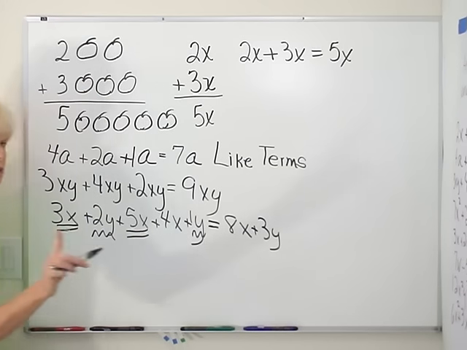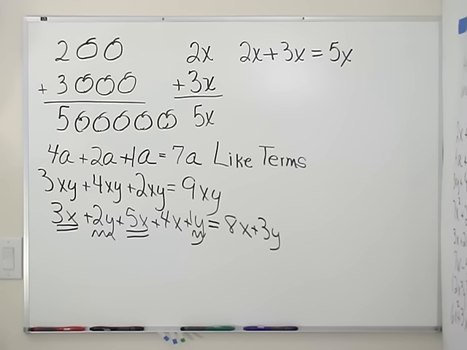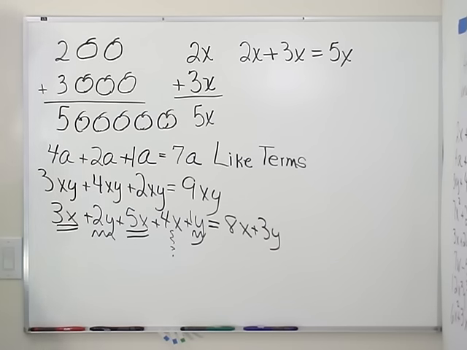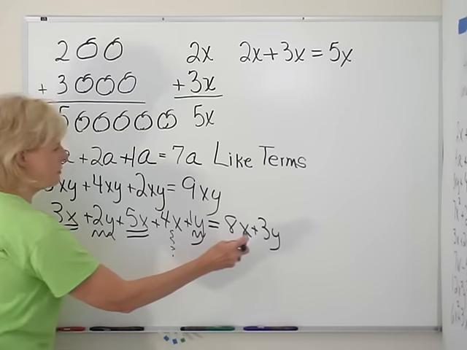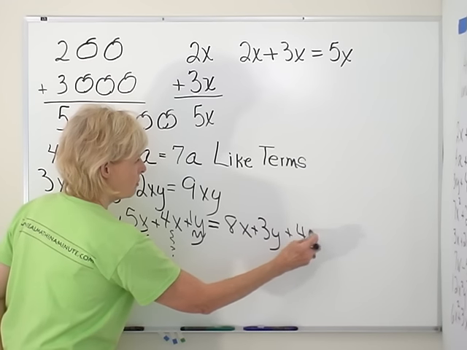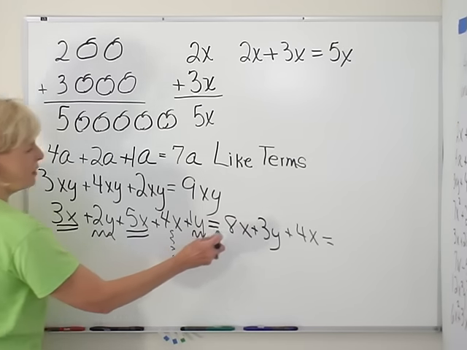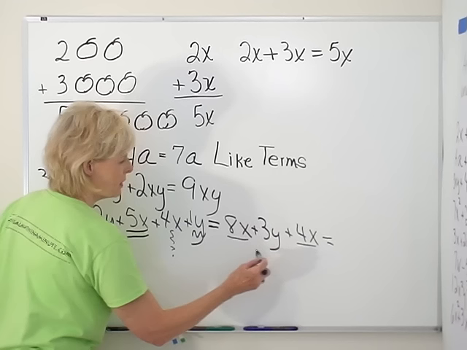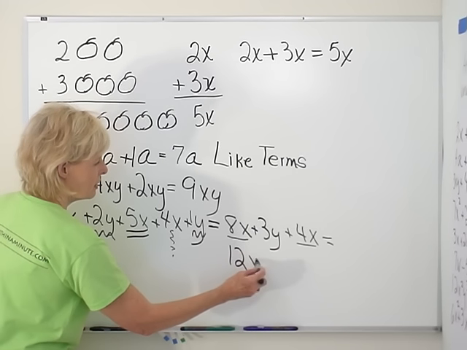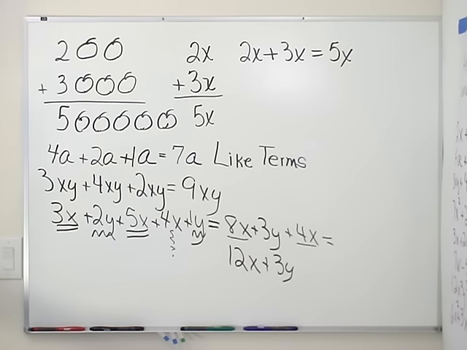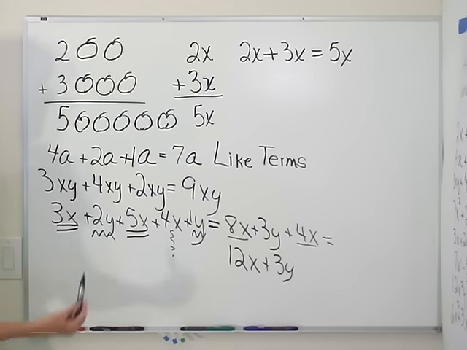And then take a really close look at your problem and you'll discover that there's another one here that we didn't put in here. What happened to it? Well, we just always want to make sure we don't leave anything out. So we've got 4 more x's to add in. So let's do that. And now our final answer would be 12x, because we've got 8x and 4x, so we've got 12x and 3y. And you might be saying, well, why didn't you just do that all at one time?